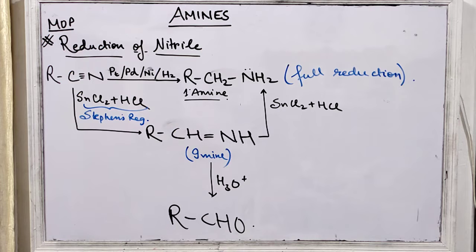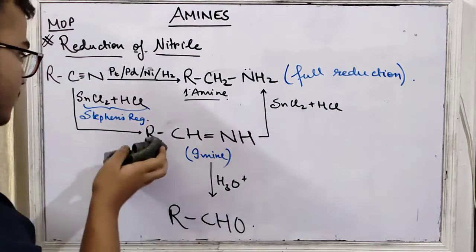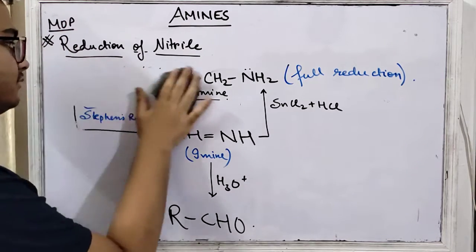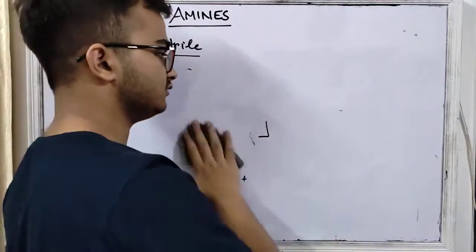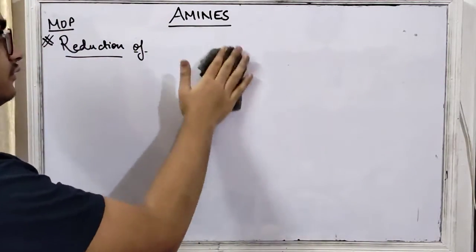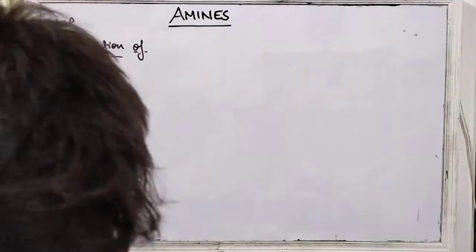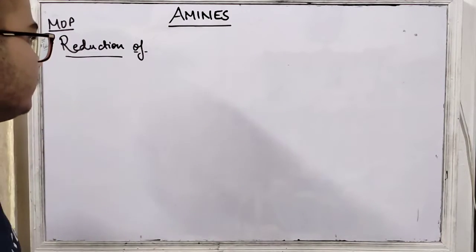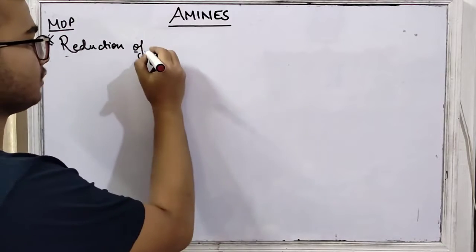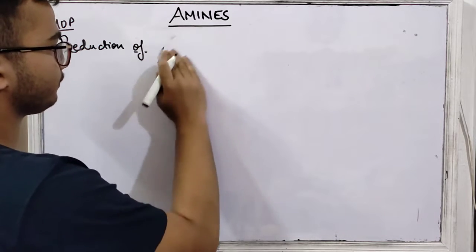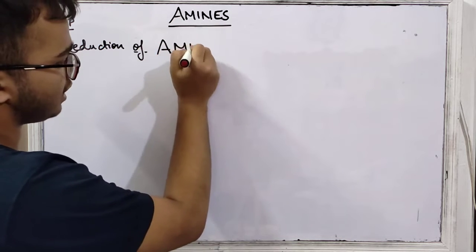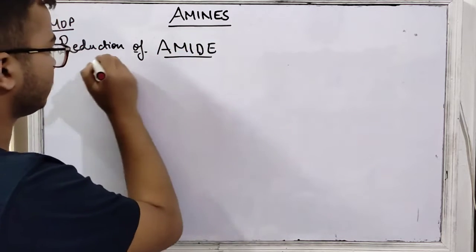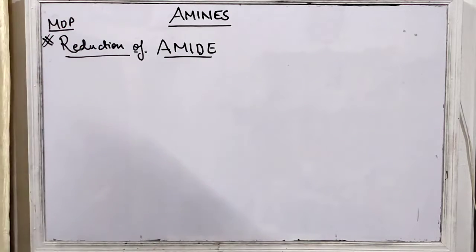So we are going to discuss the reduction of amide. If I ask you to name a strong reducing agent, apart from this one we have lithium aluminum hydride, which is LiAlH4. So the reduction of amide: what is amide?